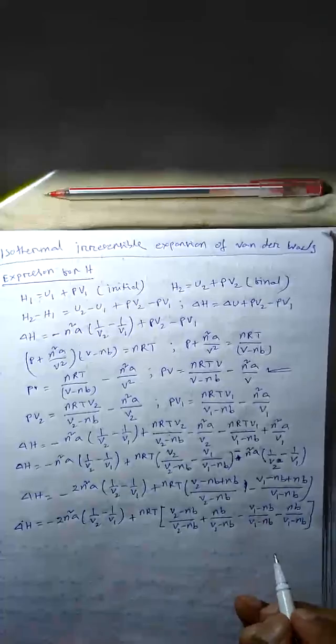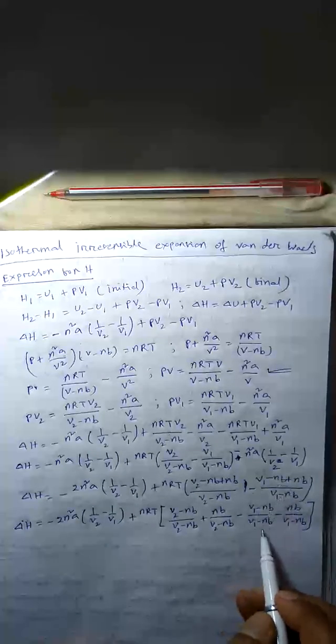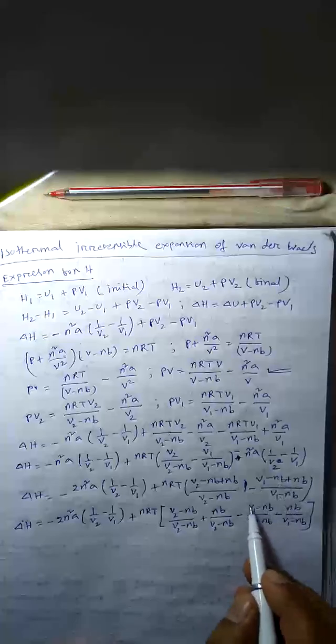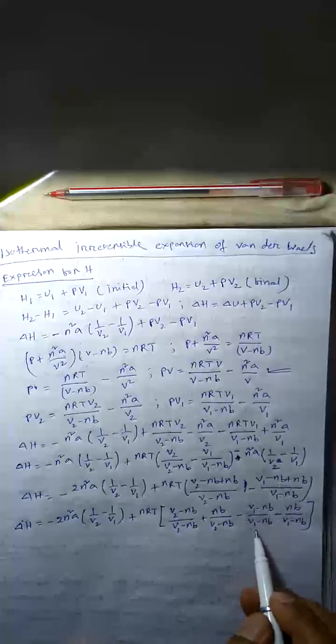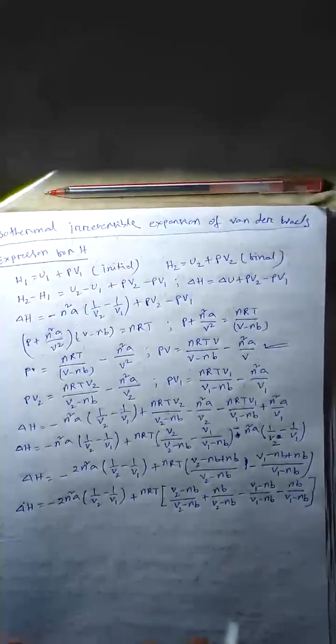Here we take minus outside, V1 minus nb by V1 minus nb. When you move it, minus minus plus, no problem, same.